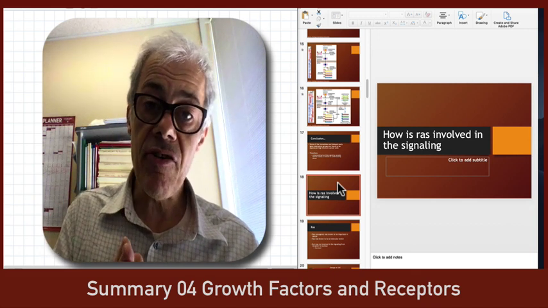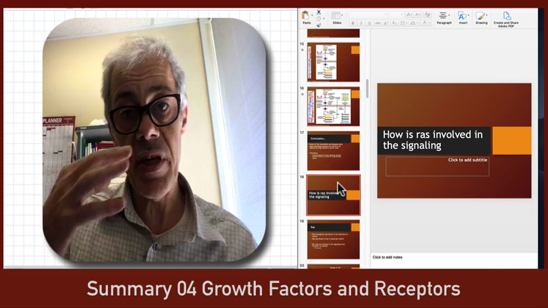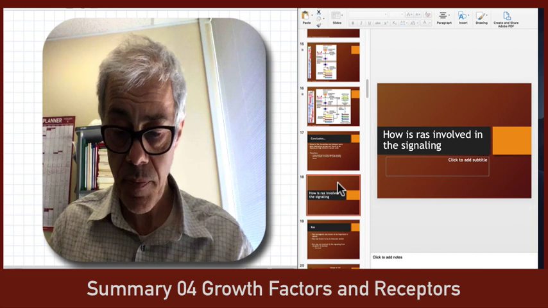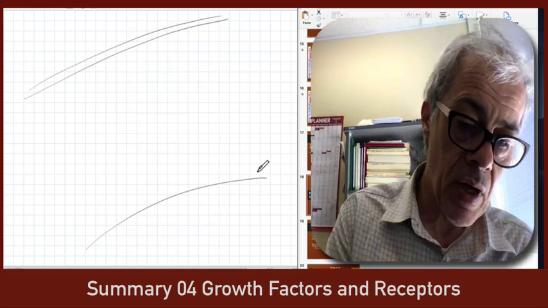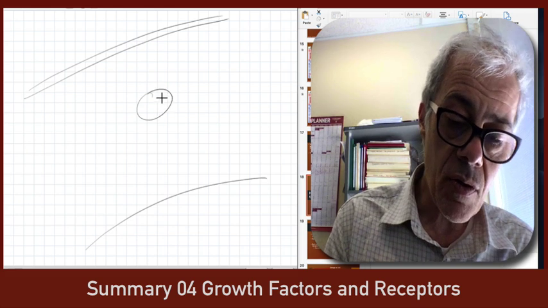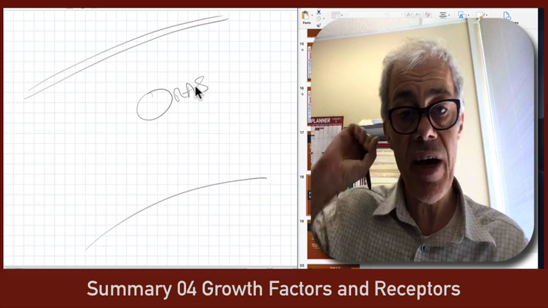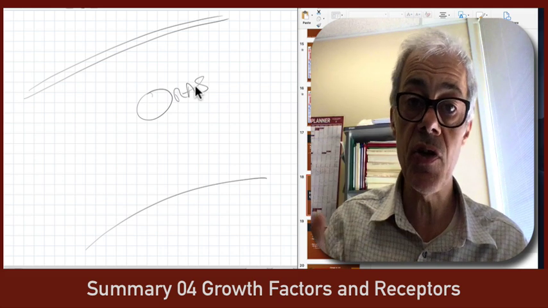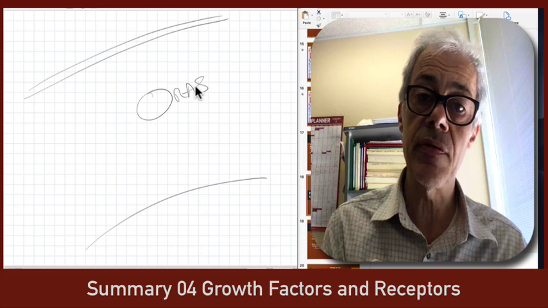Going back to the narrative in the textbook, they wanted to understand how a signaling process works. What is a signaling process? So they knew that RAS was important, and we talked about the RAS activation cycle and how RAS is switched on and off, but they didn't know what was leading to activation of RAS.